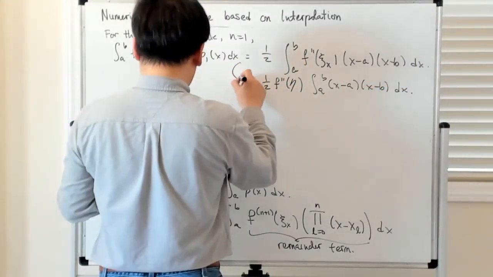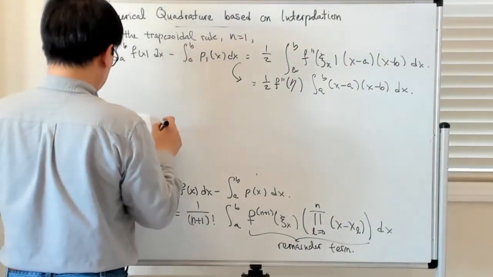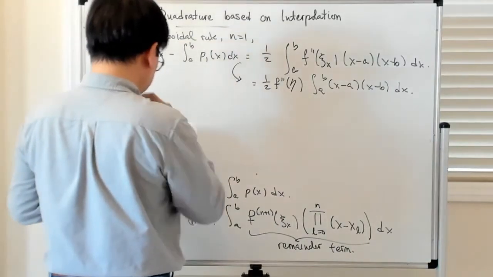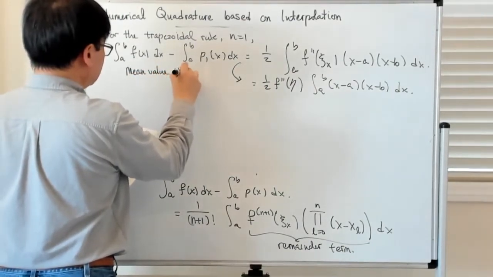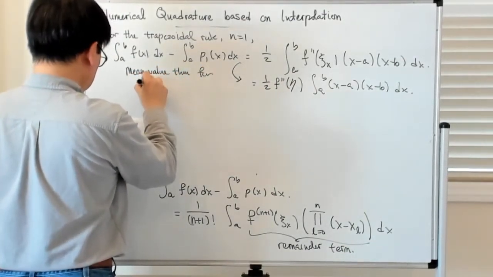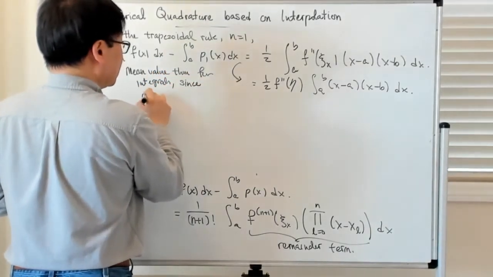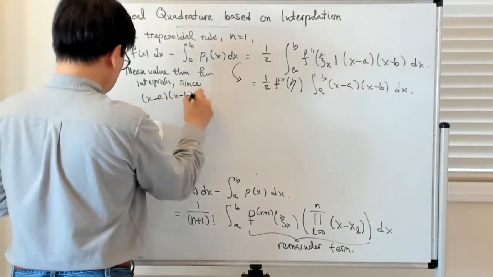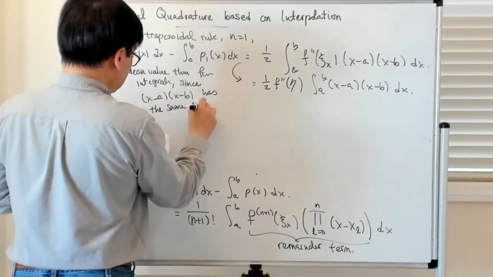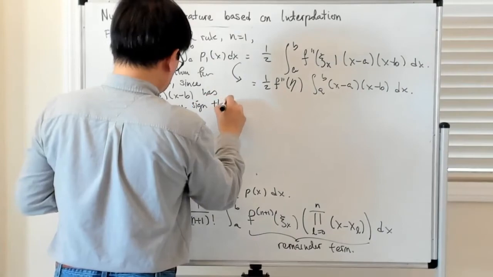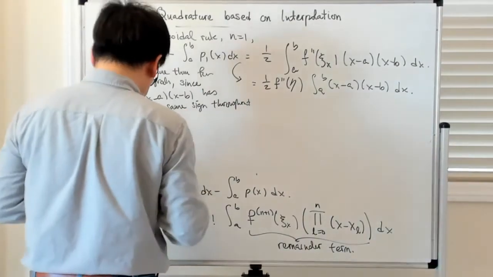Okay, so going from here to here is the mean value theorem for integrals, which I can do since x minus a times x minus b has the same sign throughout the interval which I have from a to b.